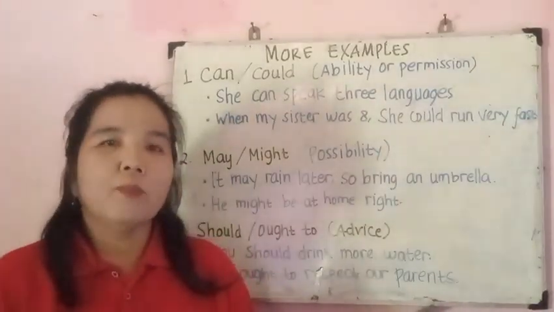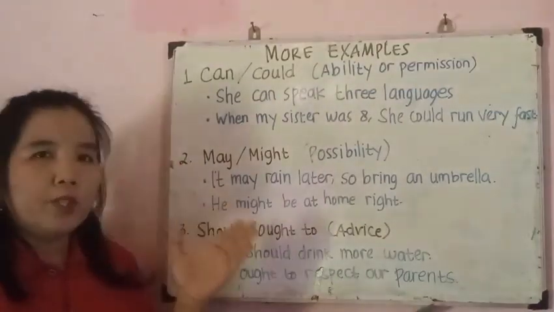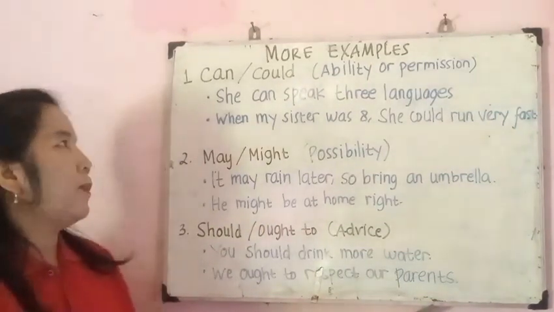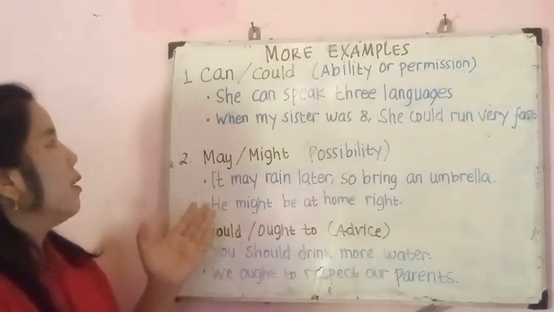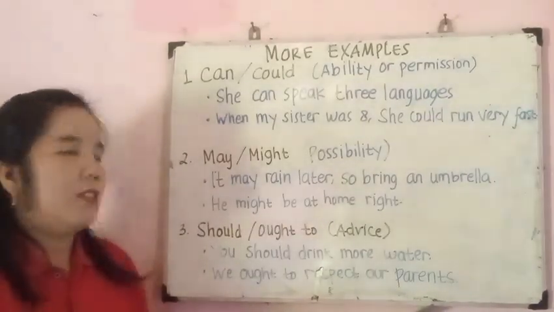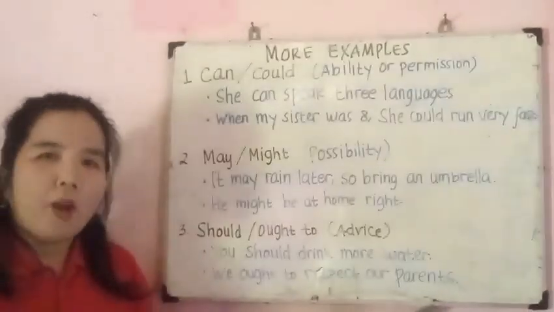Now, let's look at more examples by function. We use can or could to talk about ability or permission. For example, she can speak 3 languages. And when my sister was 8, she could run very fast. Next, we use may or might to talk about possibility.